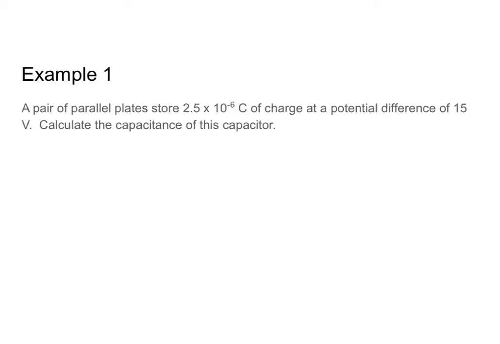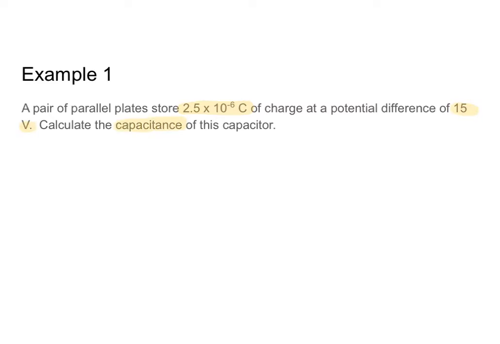So now that you know what capacitance is, let's go ahead and do an example problem. A pair of parallel plates store 2.5 times 10 to the negative 6 coulombs of charge at a potential difference of 15 volts. Calculate the capacitance of this capacitor.